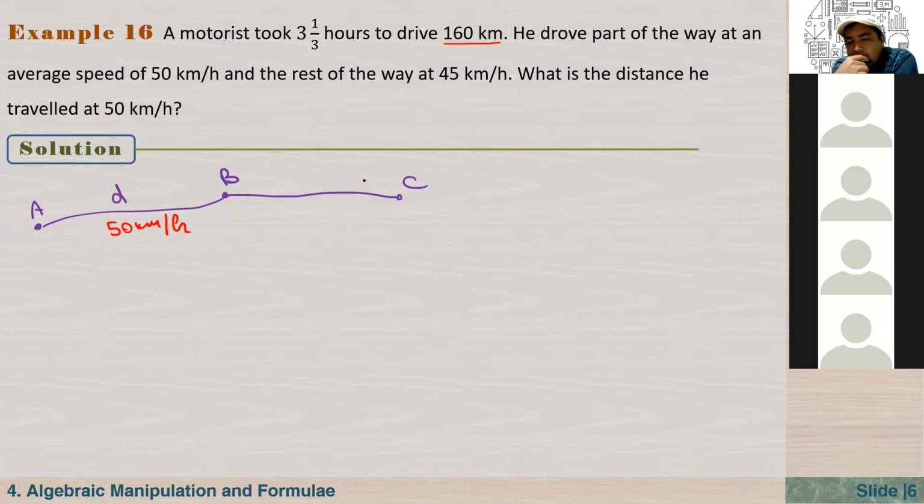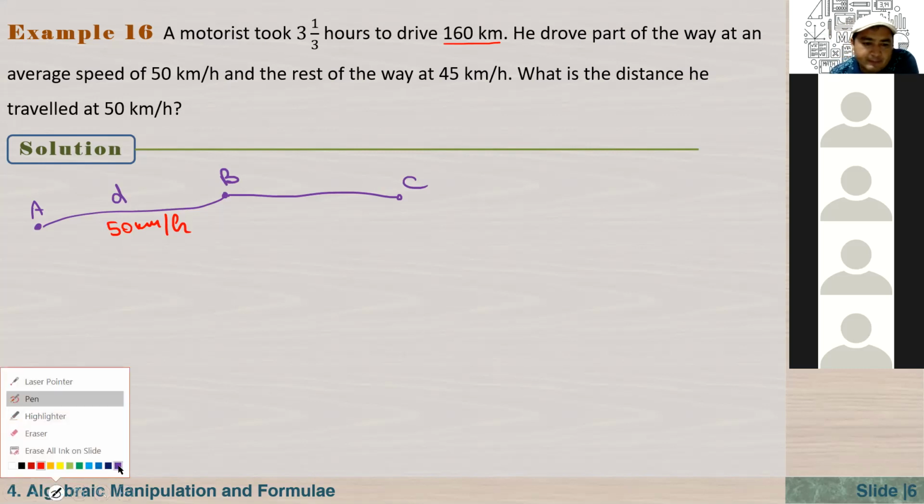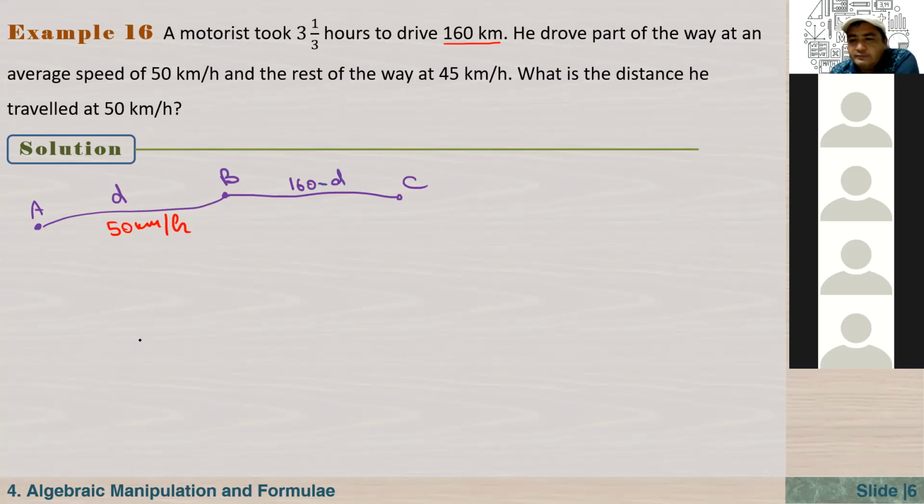The remaining distance. It is 160 minus d, right? Because the total distance is 160. If the first part is d kilometers, the remaining part should be 160 minus d kilometers, because d plus 160 minus d is equal to 160, okay?